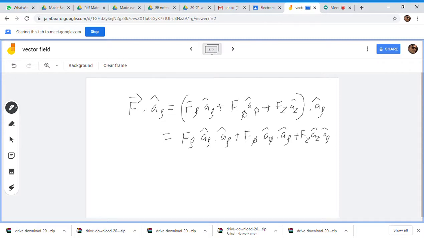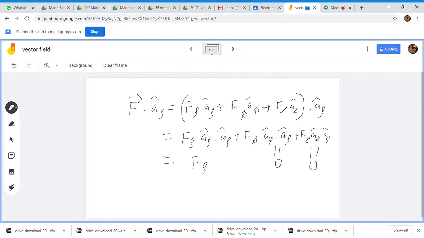So this is an orthogonal coordinate system, so all the unit vectors are at 90 degrees with each other. So this dot product will become 0, this dot product will become 0, and this will come out to be F rho. So similarly you can do for others.